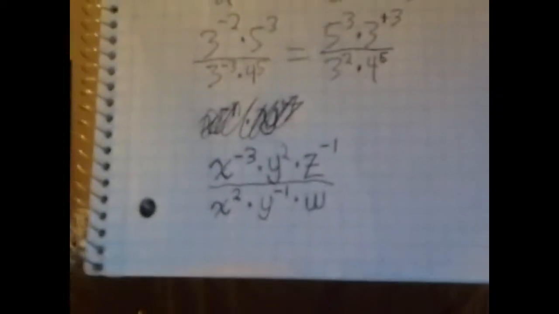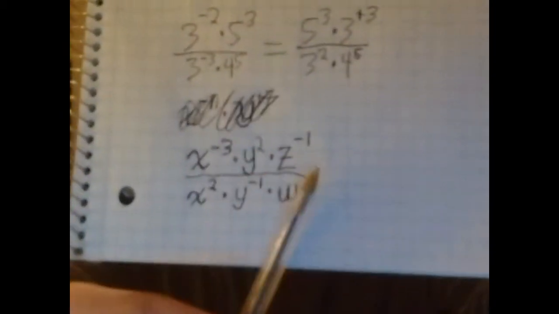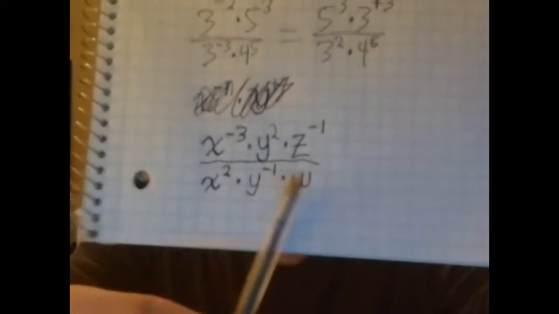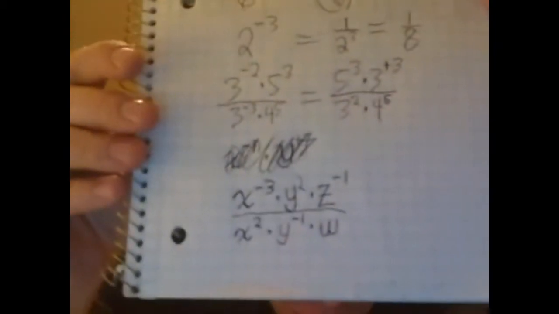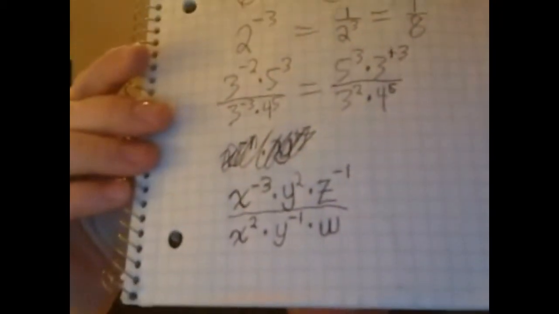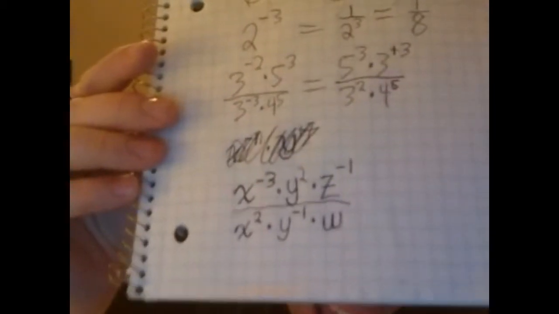Now for our last and final example of applying the negative exponent rule, one where we have a massive amount of variables. X, Y, Z, and W are our variables. The point of this is that it doesn't matter what our numbers are, they can be anything.